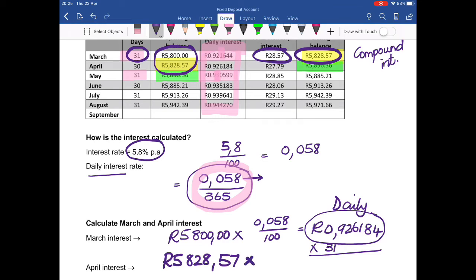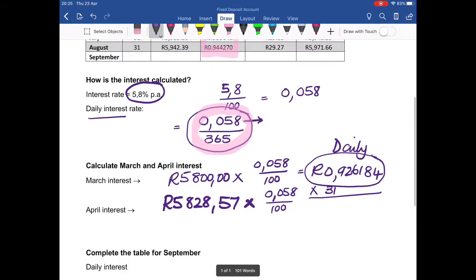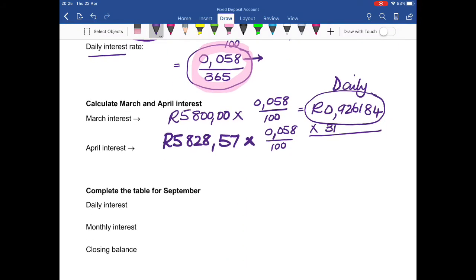So I'm going to perform the same operation. I'm going to multiply it by 0.058 over 100. I will then get my daily interest, which is going to be 0.926184. That is daily.